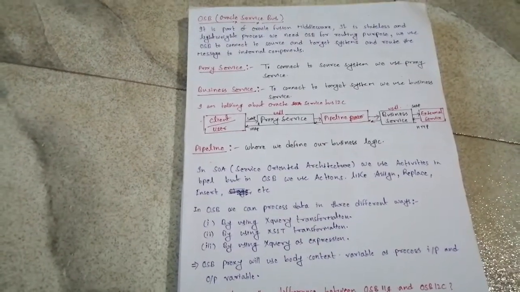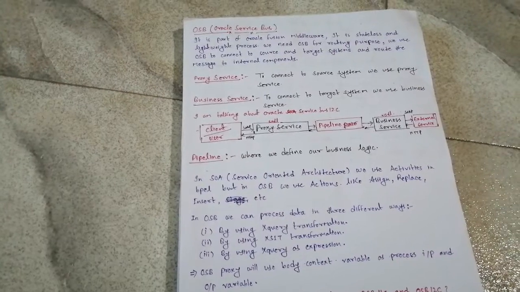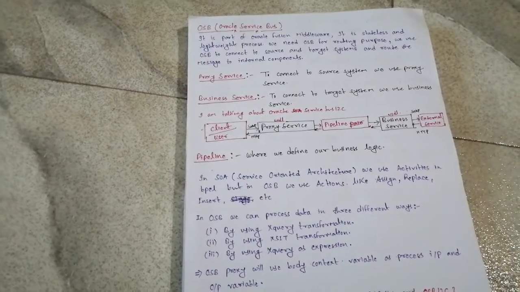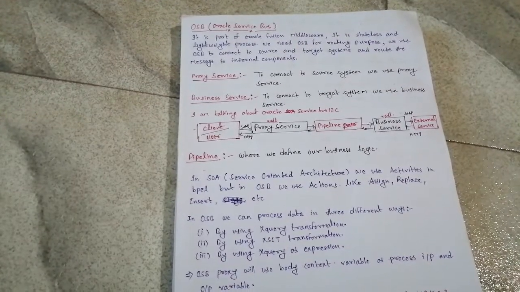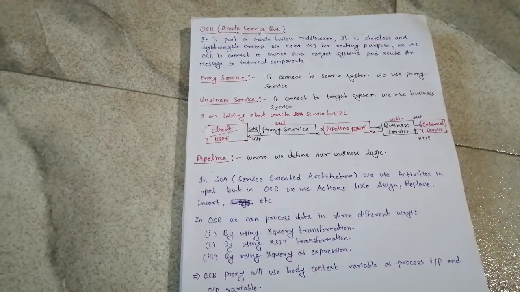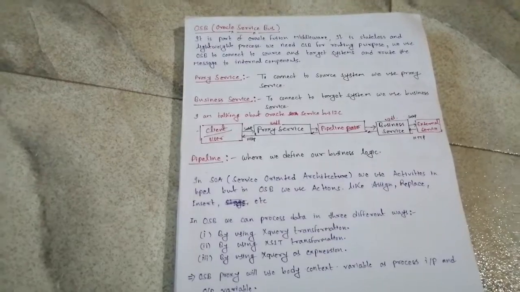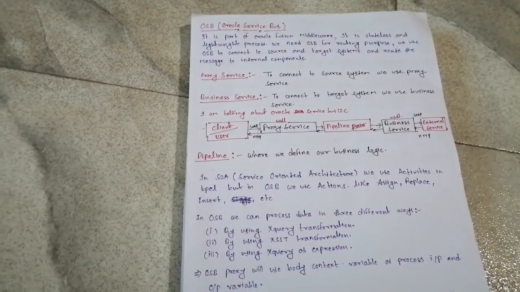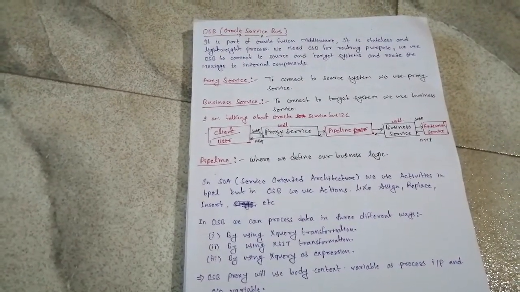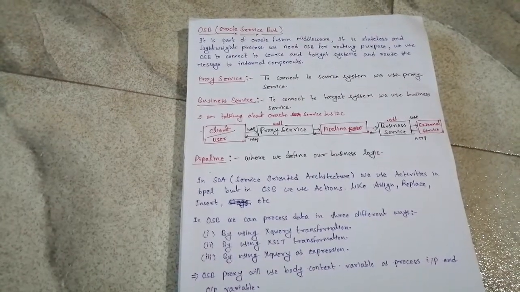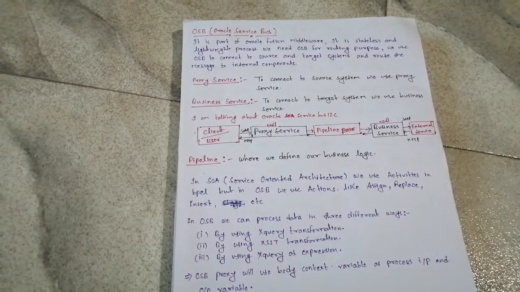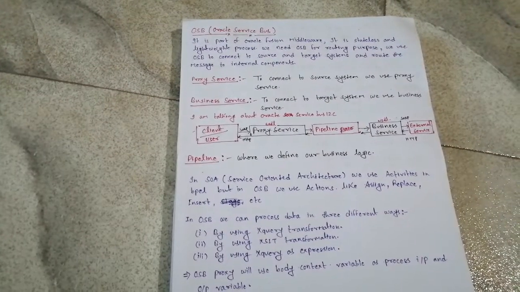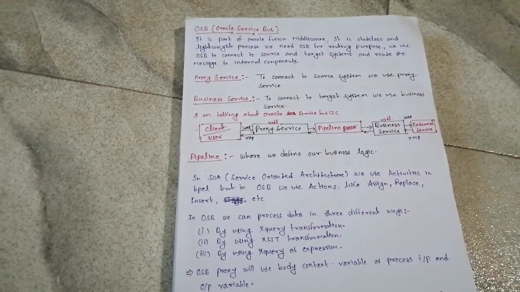We have a proxy service, and we have a pipeline. Then after that we have the business service. So first, by using the proxy service, the client connects to us, and after that we have the pipeline. In the pipeline we describe our business logic, whatever business logic we are describing in OSB.